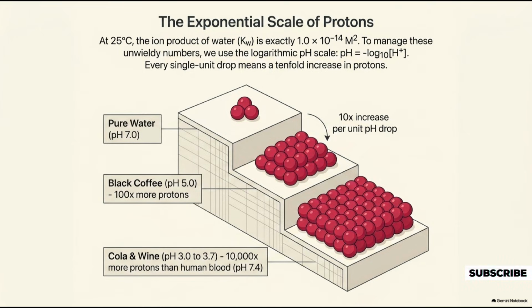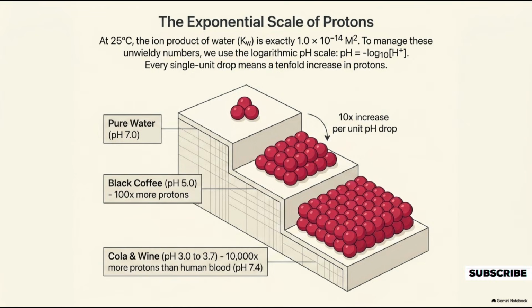Because the concentration of pure water is vast and constant, 55.5 moles, we multiply it by the equilibrium constant to define the ionic product of water, designated as Kw. At 25 degrees Celsius, Kw is always equal to 1.0 × 10^-14 molar squared. In a precisely neutral solution, the concentration of hydrogen ions exactly equals the concentration of hydroxide ions, meaning both are present at 10^-7 moles.